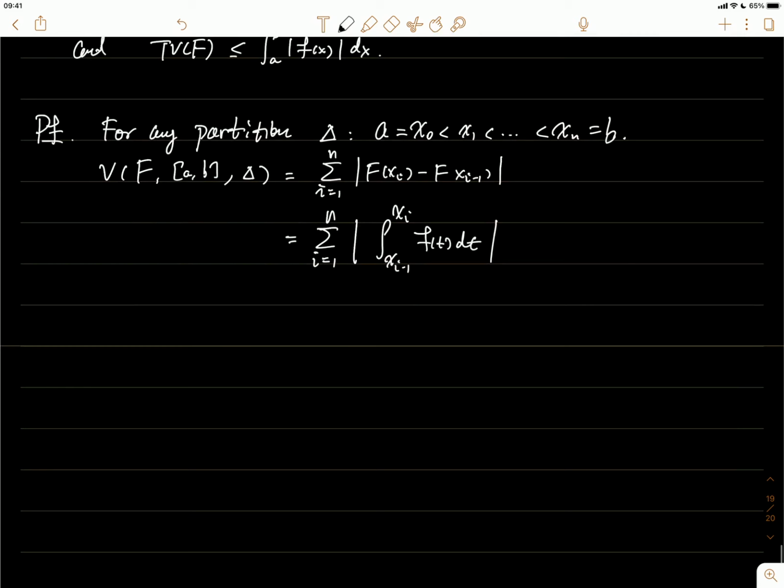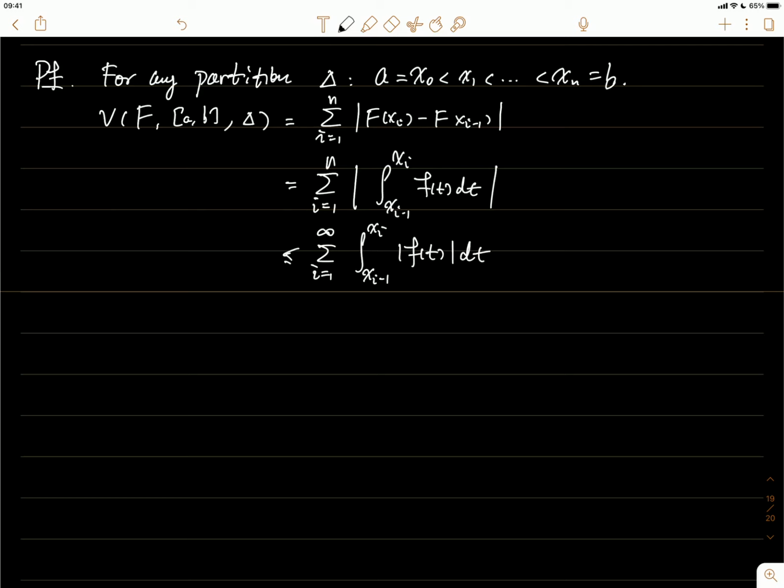And apparently we can move the absolute value into the integrand, and this is just the sum for i from 1 to n.